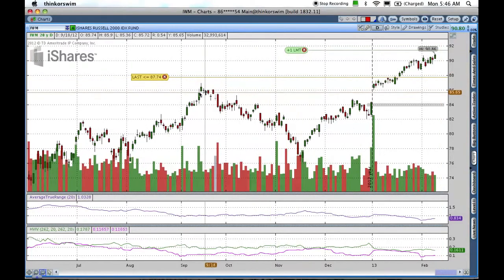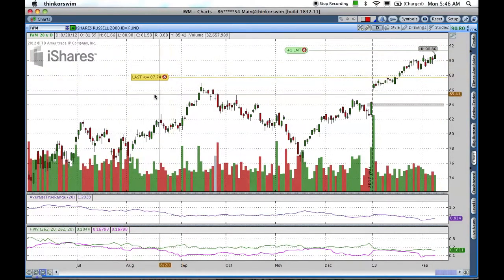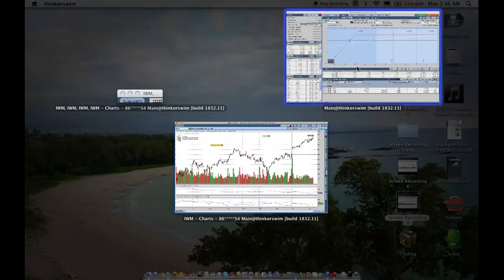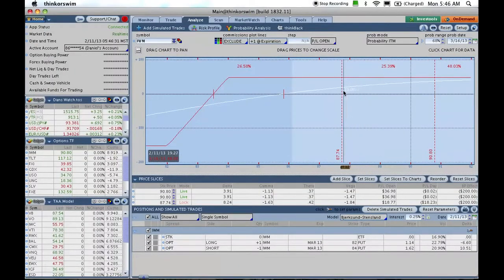And that's why I have this alert in the market, that it will send me an email and alert me that things are going wrong and I probably need to get out of my trade. So if things go wrong, I'm going to get out of my trade, and it looks like I'll have a profit of under $20 or so. Let's call it $10 or $15, just to be conservative.